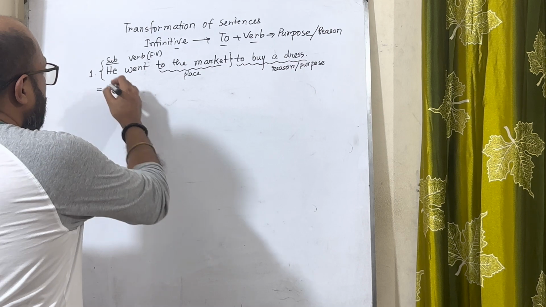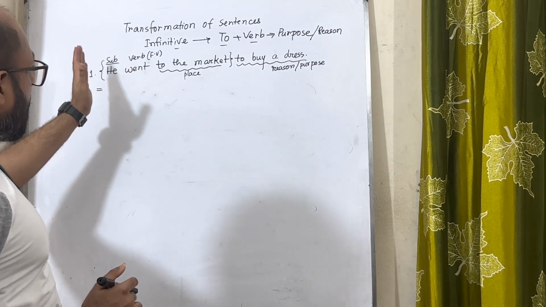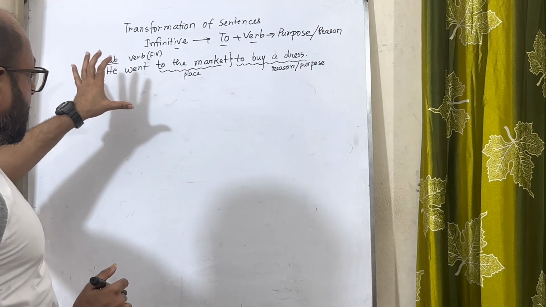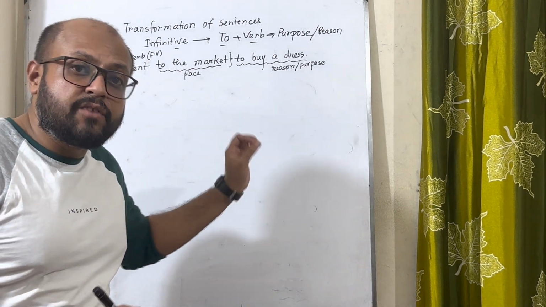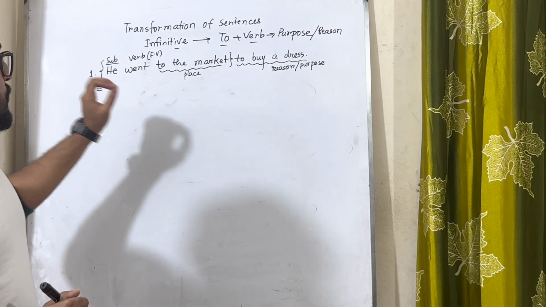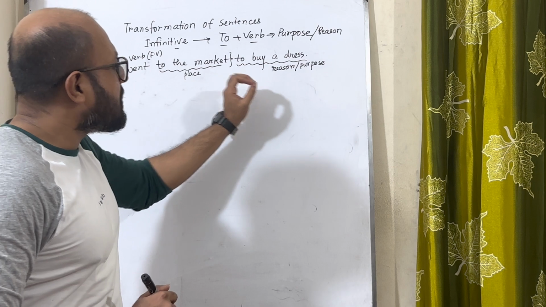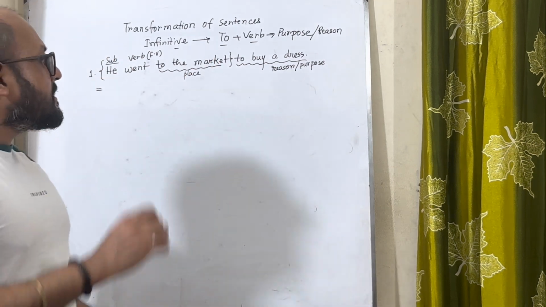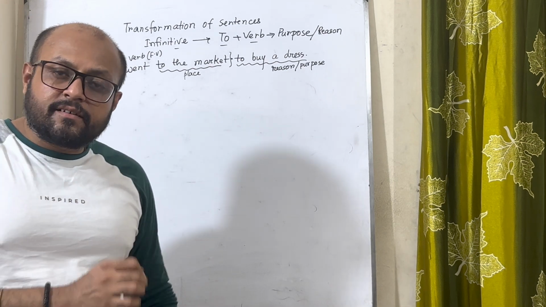Here, the first part I have written in the second bracket. He is the subject, went is the finite verb, to the market is the place where he went, and to buy a dress tells you why he actually went to the market.